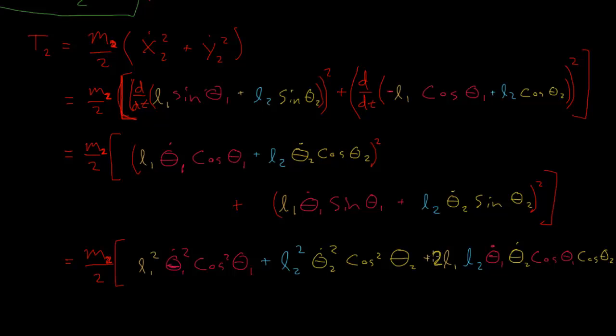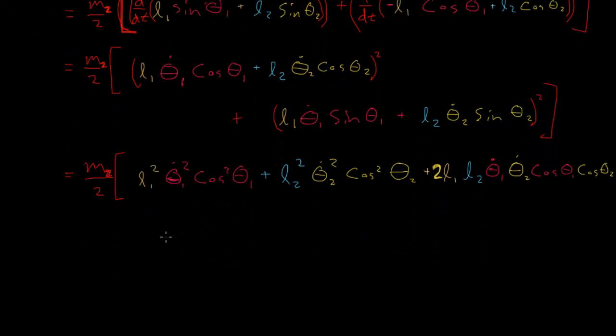Because there are two cross terms when we FOIL out this binomial, when we expand this binomial. So there's one of them expanded, and I'm going to continue this on this line here and say plus, right? So it'll be almost the same thing.